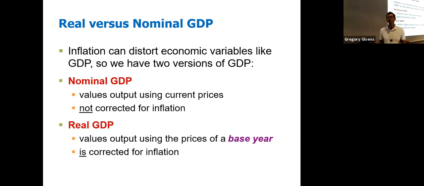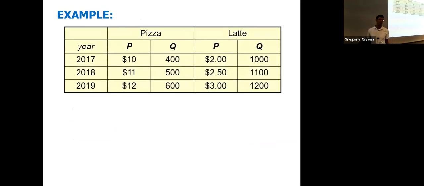Now, instead of just talking about this in theory, I think it's easiest to go through a couple of straightforward, concrete examples to show the exact difference between what we mean by nominal versus real GDP. So here is the exercise that I want to do for the next few minutes. Let's pretend that we live in an economy that just produces two goods.